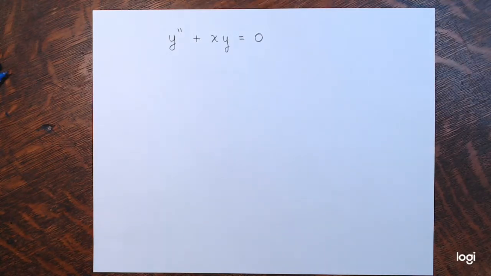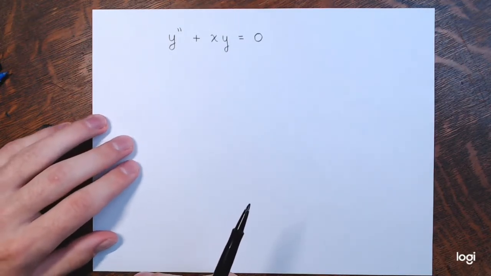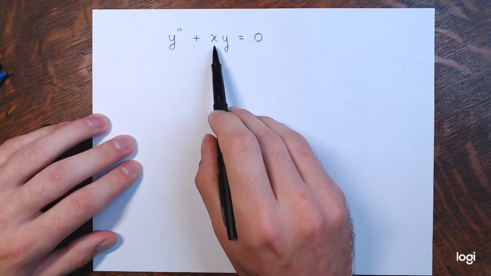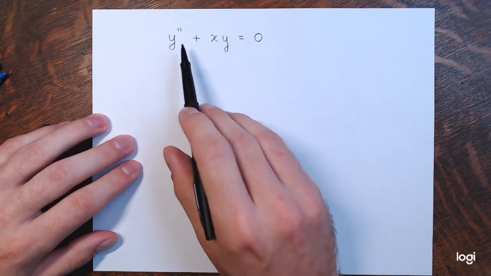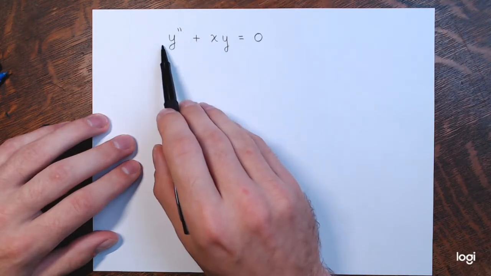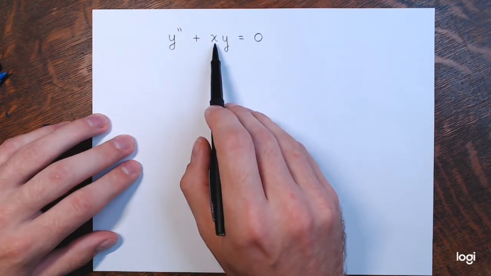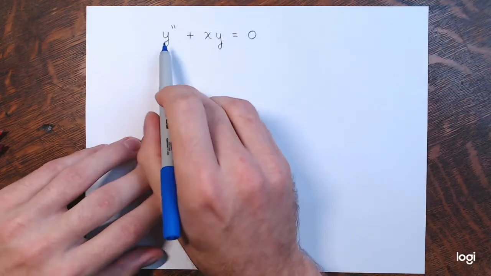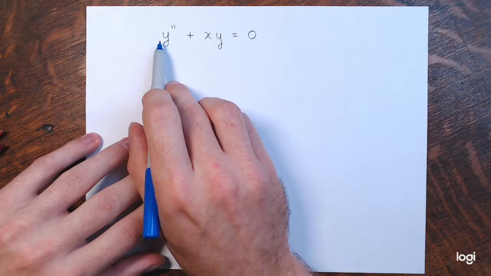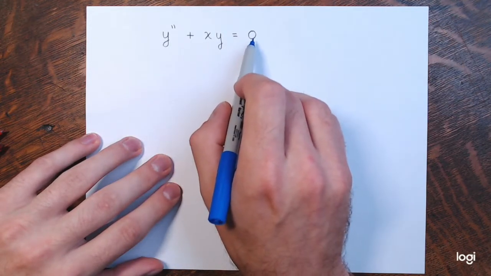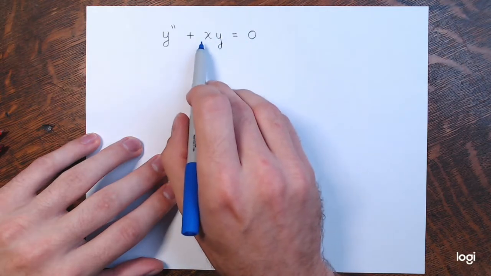And now all of a sudden, this becomes a little more difficult. Because this is homogeneous, it's second order, it's linear, but it doesn't have constant coefficients. Now, it's in that standard form where the coefficient on the second highest derivative is 1, with everything on one side and 0 on the other.